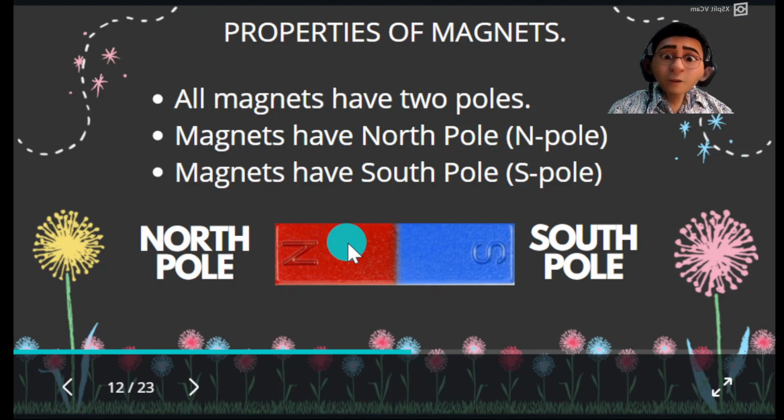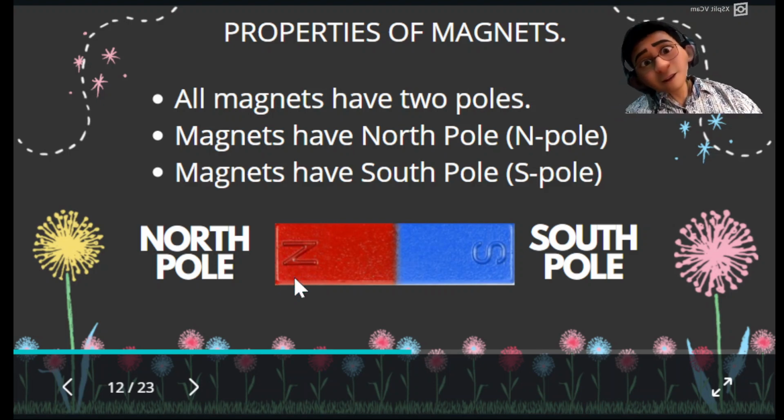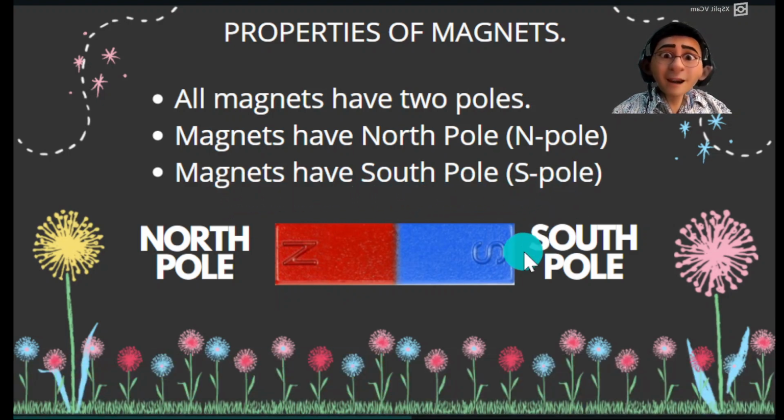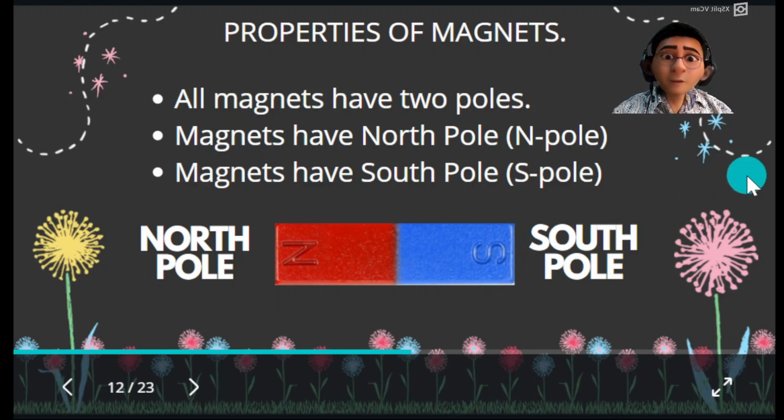The red one is indicated by red color, and this is not Z, this is N. Turn your hand 90 degrees and you will see this is N, letter N for North Pole, and S for South Pole. Magnets have North Pole or N pole here, the red color. Magnets have South Pole or S pole, the blue color.